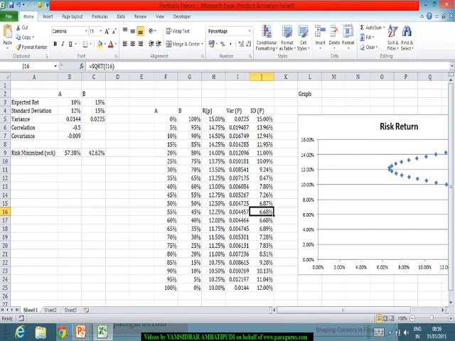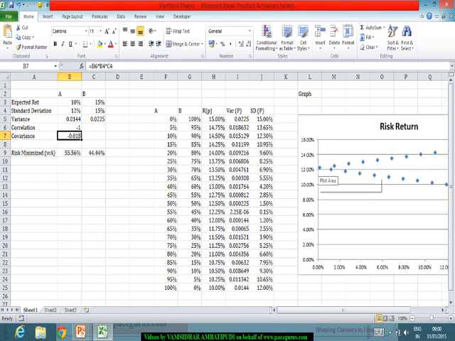And probably if I am taking the correlation as -1, it is clearly giving some indication that I can make it a zero risk portfolio as well.